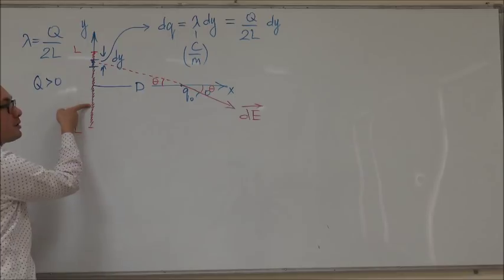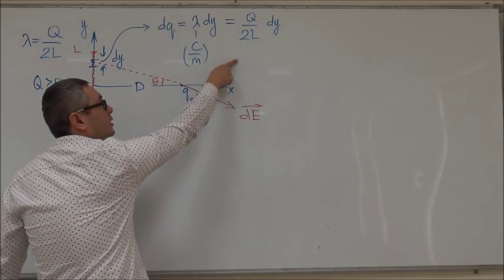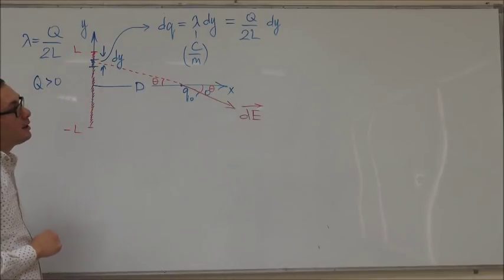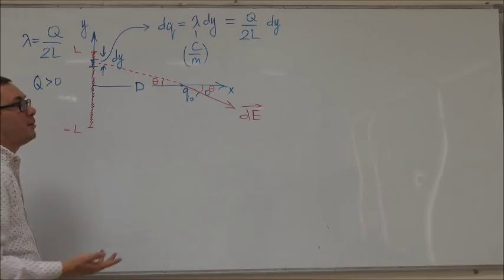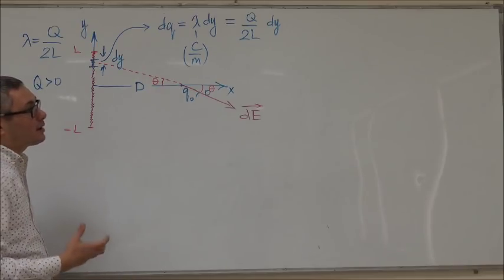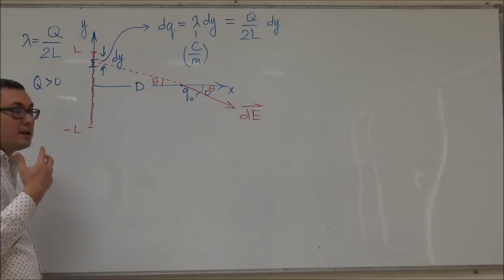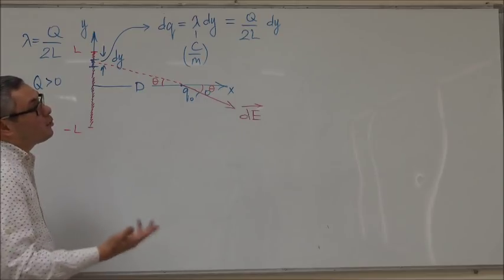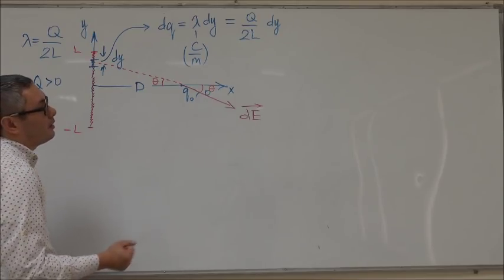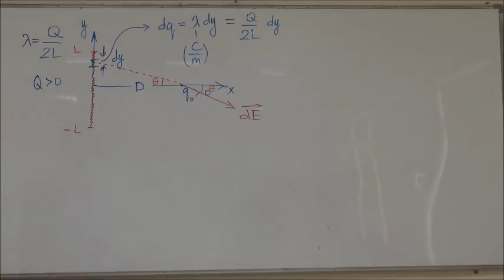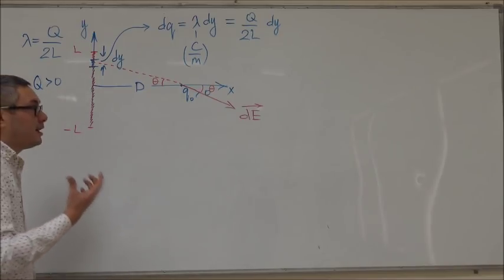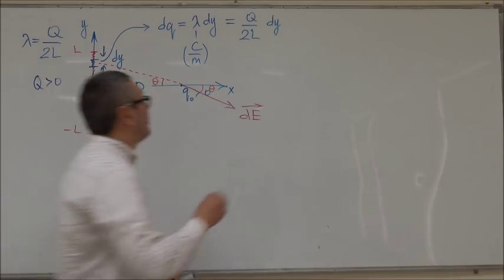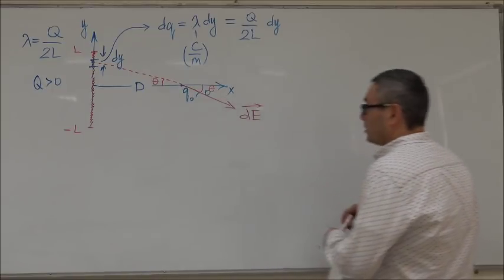And this element will also create an element of electric field pointing this way. And so the y components of these two electric field elements will cancel each other, but the x components will add up. So in fact, what we need to find is the resultant electric field pointing in the x direction. There will be no y component to it because it will cancel out. So due to the symmetry, it will only have this x component. So what we're actually looking for is the x component of that electric field element. So what is that x component of that electric field element equal to?